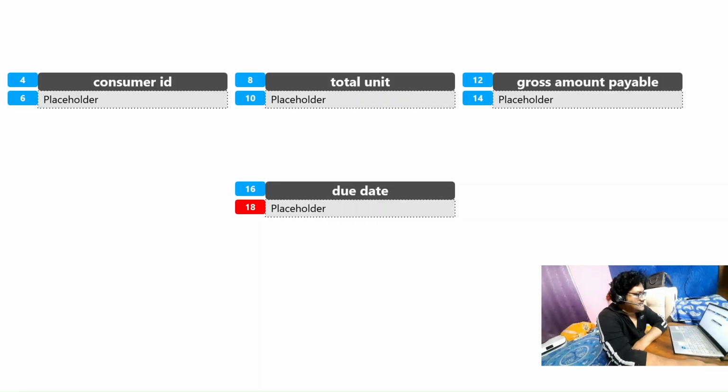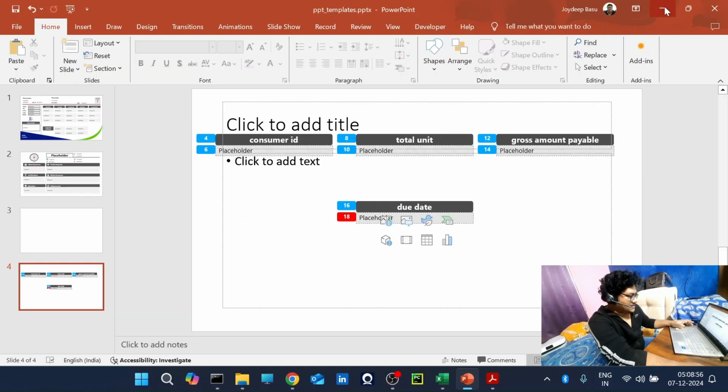So basically this is nothing but label and the actual value: label, text box, label, text box, like that. In this placeholder it has created the placeholder to put any value, whatever records we have on the database, it will generate the value. Exactly that is what it has done.